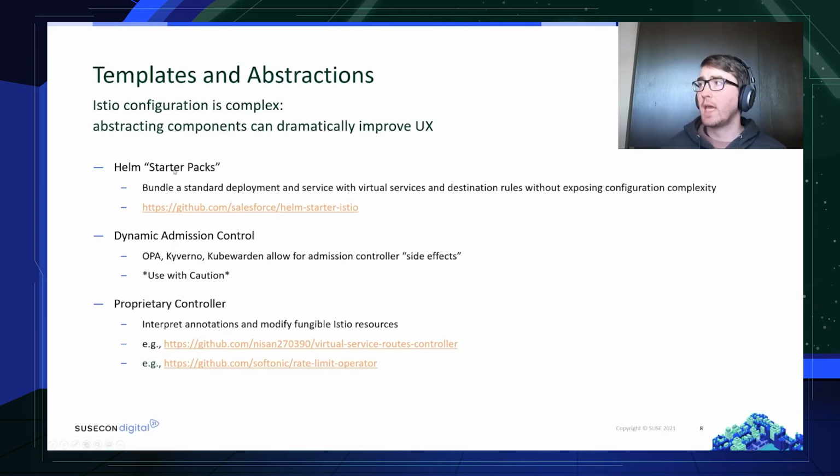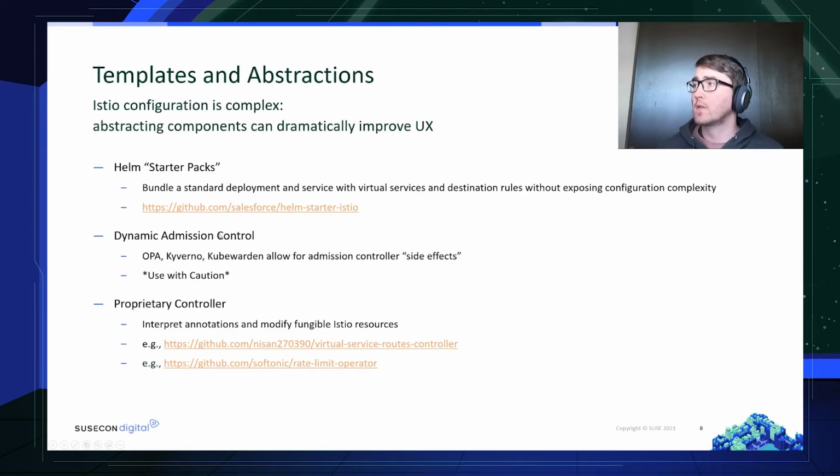The first one, starting from top to bottom with the ways that I would probably recommend looking at them, is Helm starter packs. Salesforce has done a good job. They also had an IstioCon presentation that I liked that showed how they use Helm starter packs to help you deploy Istio as a developer without having to fully understand what the configuration options are.